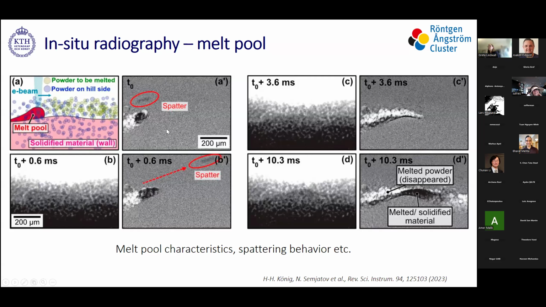And here are some processed images, which show the difference between the frames before arrival of the electron beam and the current frame, so it's more the dynamics. Here we can see the melt pool and its dynamics, but also spatter, and determine spatter velocity, size, and directions, and so on. So this can now be used to study the electron beam powder bed fusion process.